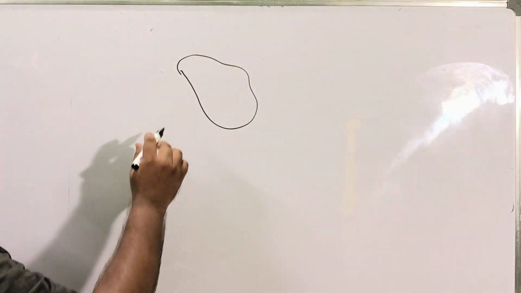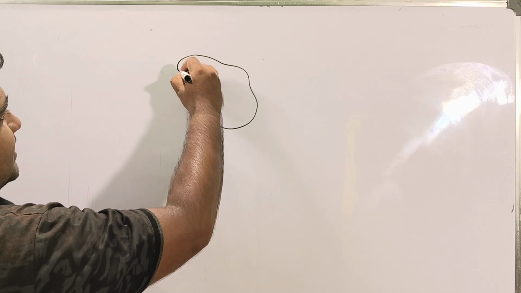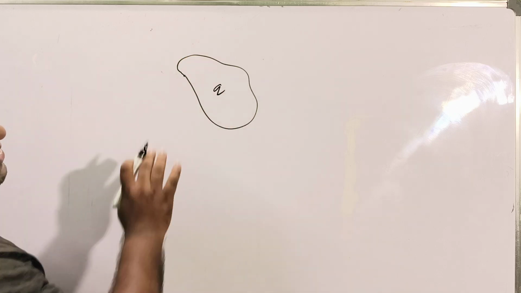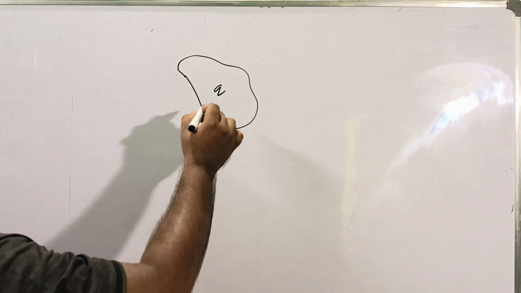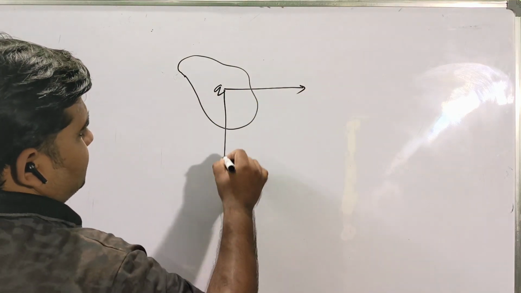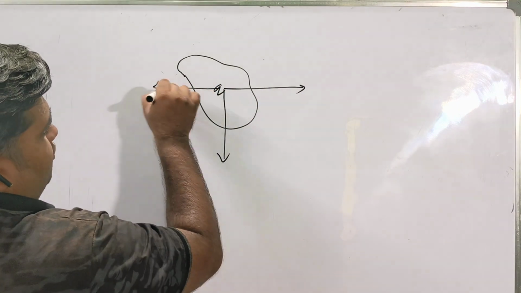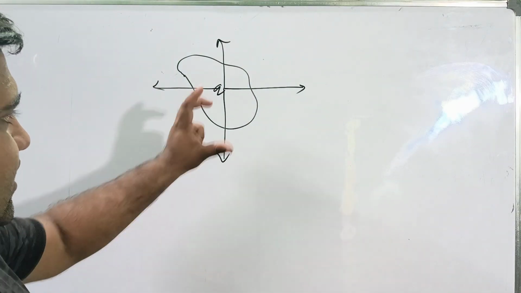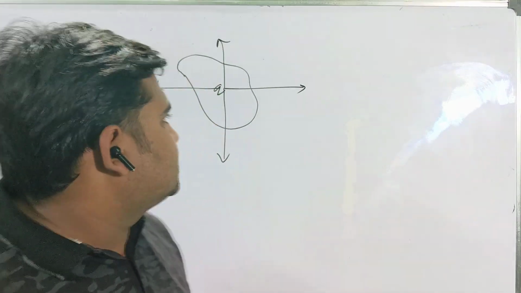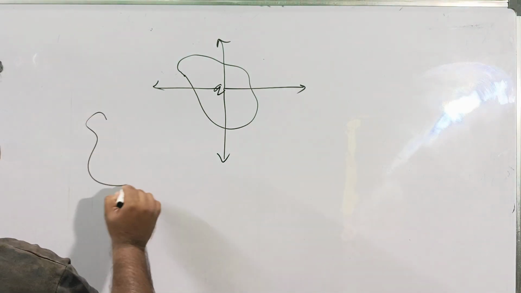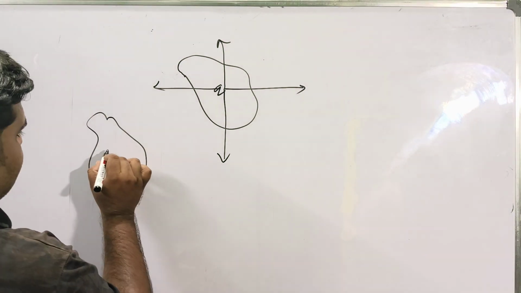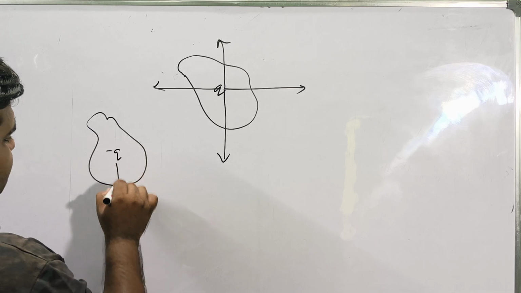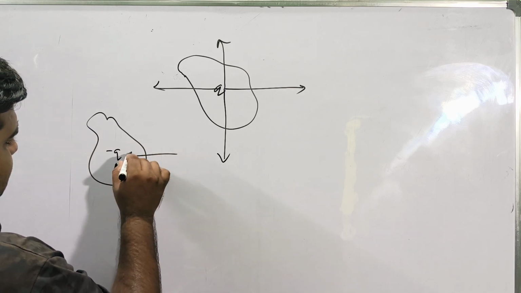Your object is like this, and it encloses a positive charge. Then flux is coming out of the object or the Gaussian surface. This type of flux is positive flux. And if minus q is here, then flux is getting into the object.